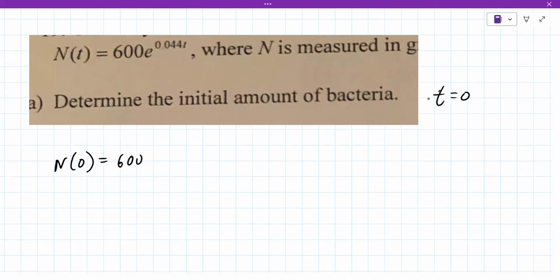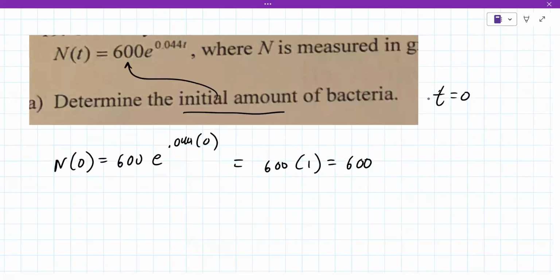That's 600 e to the 0.044 times 0, which is 600 times 1. That's 600. So the initial amount is the leading coefficient here, which is 600. Oh, and you might want to say units. Bacteria.